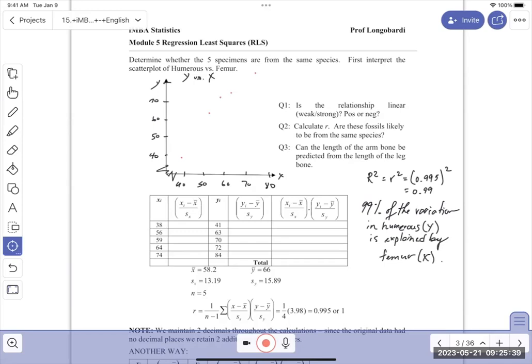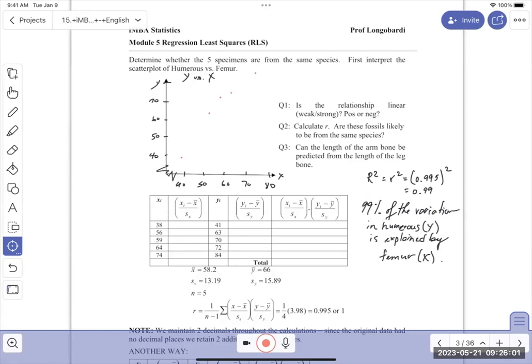So although R is not a percentage, we interpret R squared as a percentage of variation. And this has to do with what exactly you're measuring with R. What you're measuring with R is a standardized covariance measure.